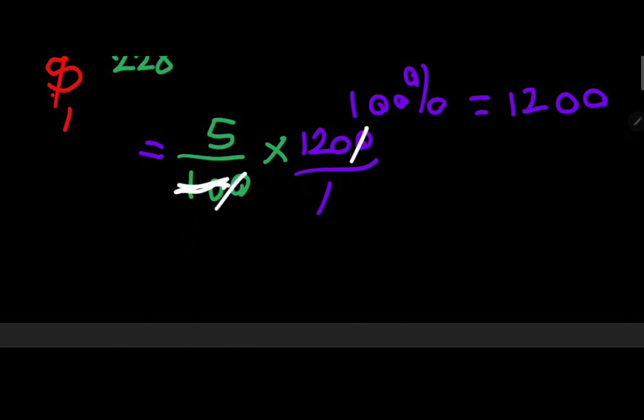Break it down in a couple different ways, but you always want to start by canceling off zeros. So you could take off this next zero here.